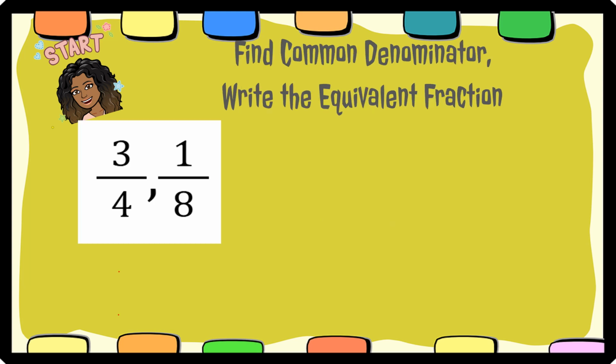Our first fractions that we will look at are 3/4 and 1/8. Let me first tell you that the 4 and the 8 are both called the denominator. The 3 and the 1 are both called the numerator. For us to be able to write the equivalent fraction, we must find the common denominator.